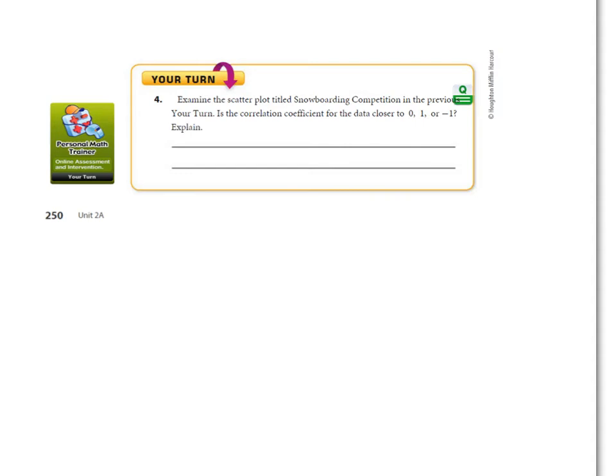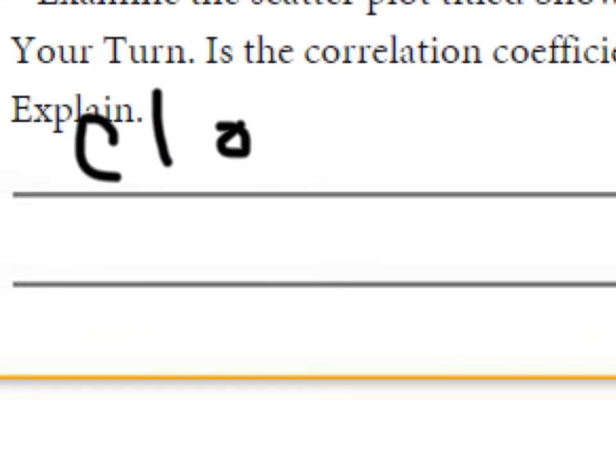Since the snowboarding data points were going up one after the other, it would be closer to 1. The data shows a strong positive correlation.